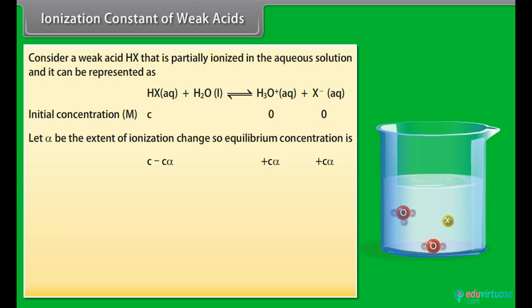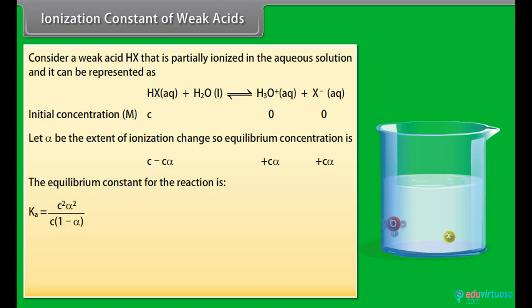H3O plus equilibrium concentration is plus C alpha, and X minus equilibrium concentration is plus C alpha. The equilibrium constant for the reaction is Ka is equal to C square alpha square by C into 1 minus alpha. Ka is equal to C alpha square by 1 minus alpha.